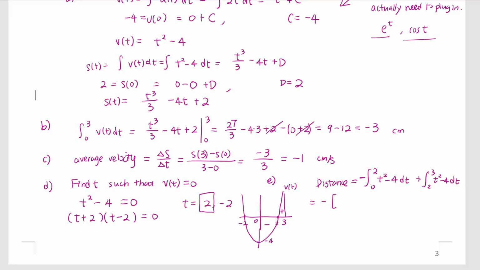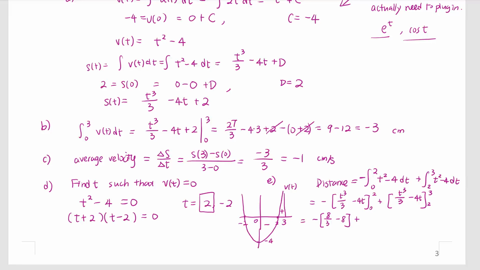Let's continue. So t cubed over 3 minus 4t, evaluated from 0 to 2. And this is t cubed over 3 minus 4t, evaluated from 2 to 3. So here we plug in 2. 2 cubed, 8. 2 times 4, 8. When we plug in 0, it's just 0.